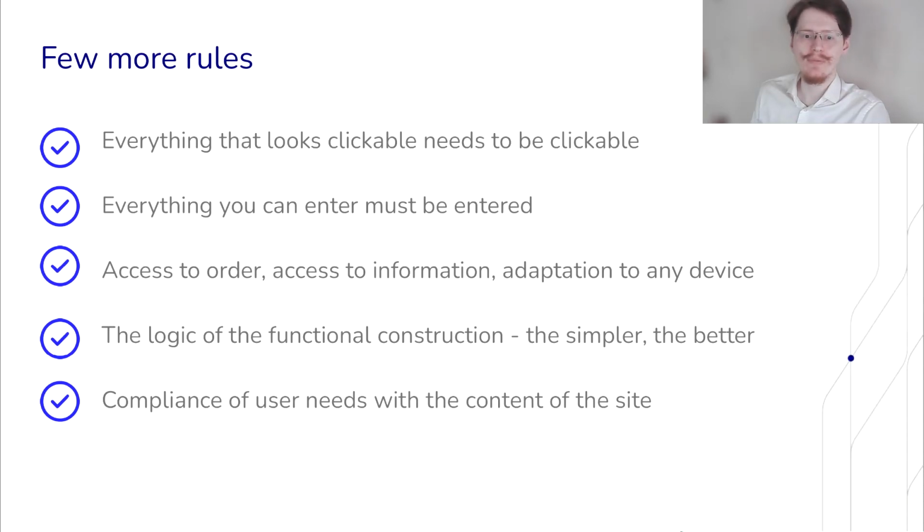Your web pages must be adaptable to any device, and all essential info, for example, about orders and payment information, must be available using any device, or at least as many devices as possible. The logic behind your web pages must be pretty straightforward. The simpler, the better. And lastly, check what people actually need on your website. What content do you need to show first?